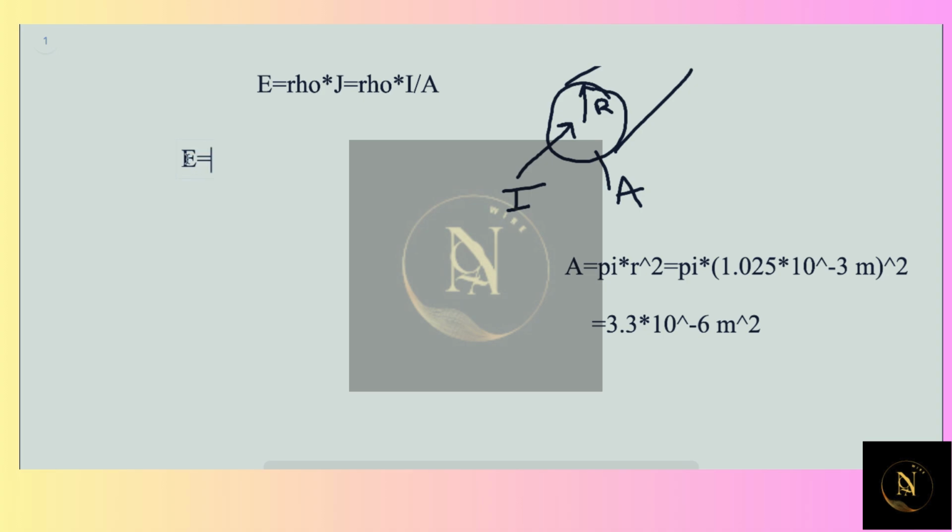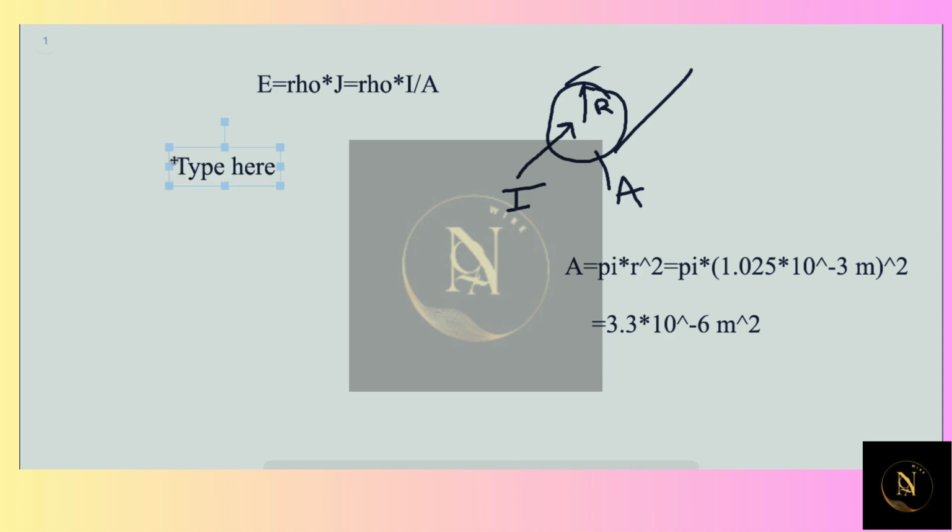So I need the resistivity of the material, which you can find in table 25.1. So it's copper, so that's 1.72 times 10 to the minus 8. And then I is 4.5.